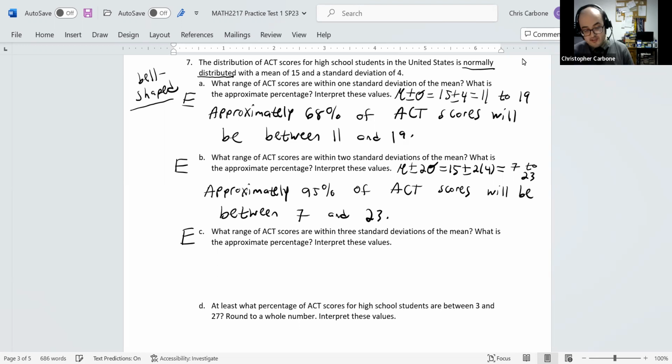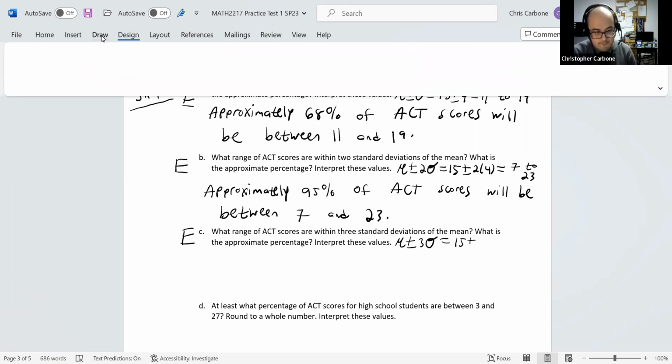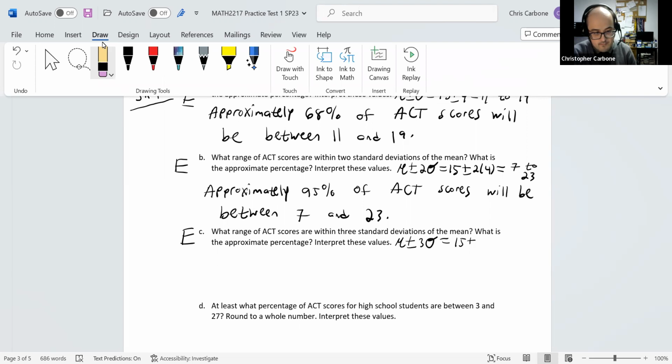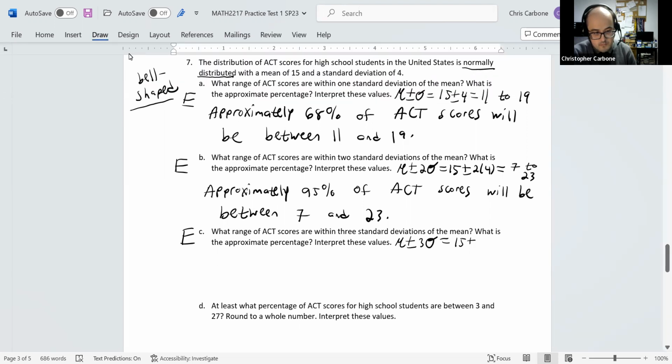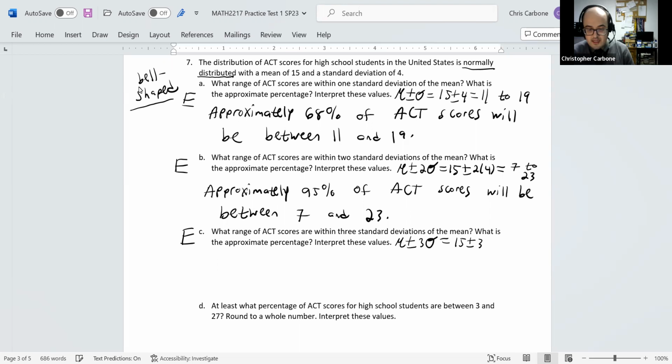And then finally, part C wants the 3 standard deviations about the mean. So mean plus or minus 3 standard deviations. There we go. 15 plus and minus 3 times 4.